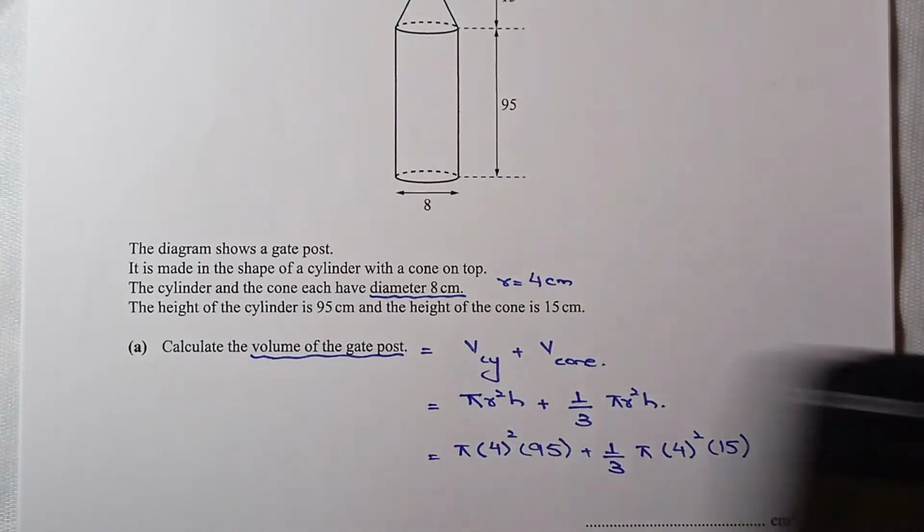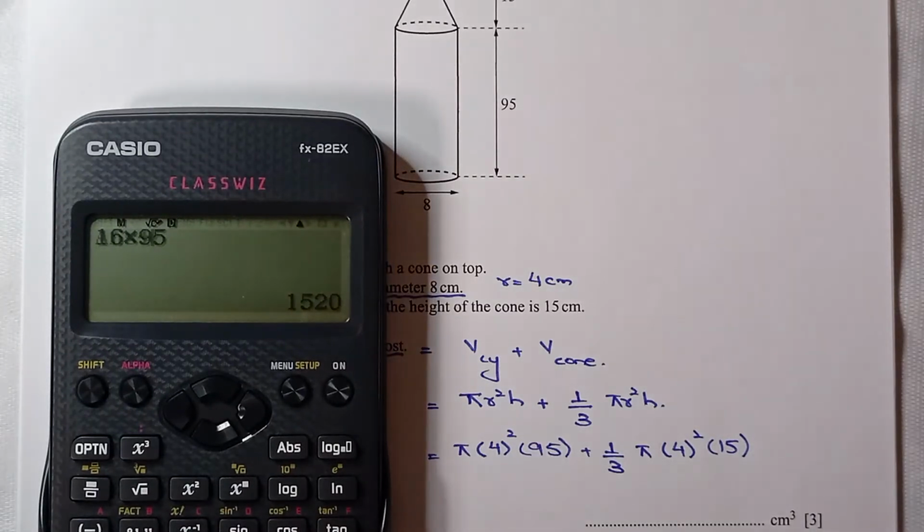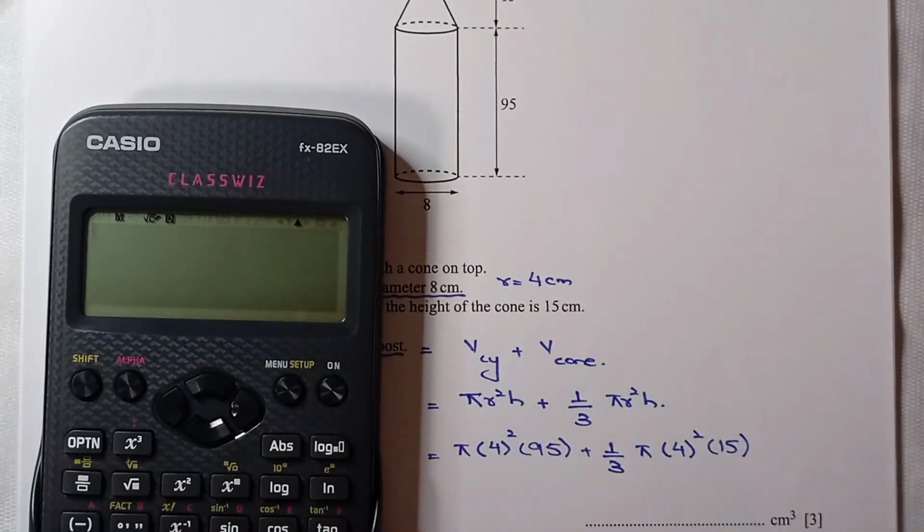Let's use a calculator and find the value. First let me solve this one. Let me take pi common. 4 squared is 16, times 15, and then dividing by 3 would be 80.